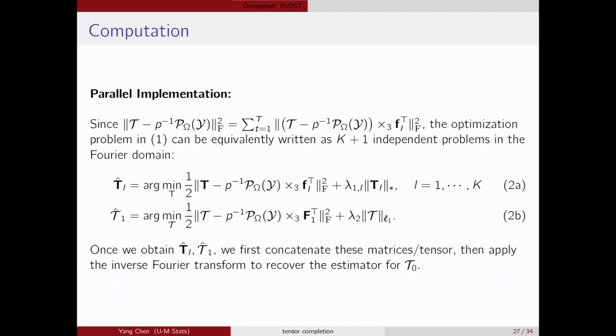So in the frequency domain, essentially we're solving K+1 independent problems, with K of the problems being the low-rank matrix factorization framework, and the rest just the sparsity imputation framework.